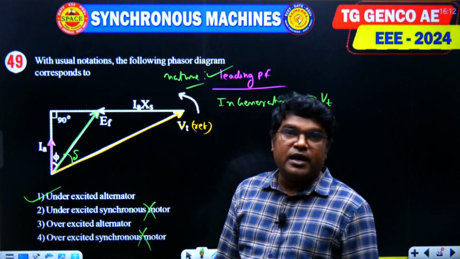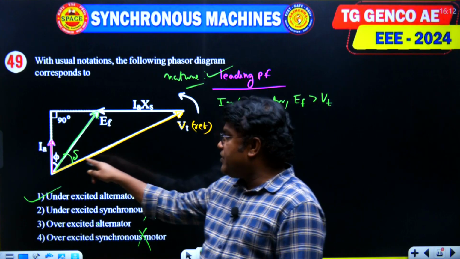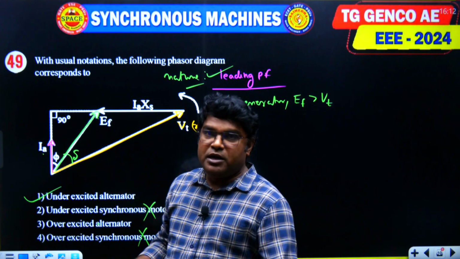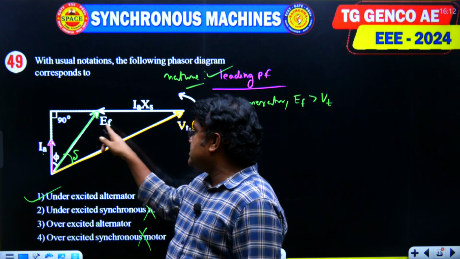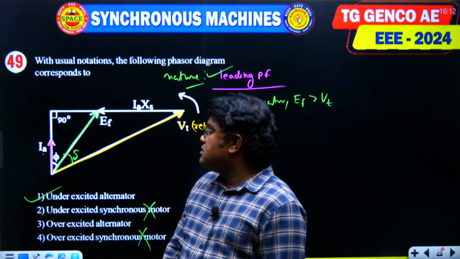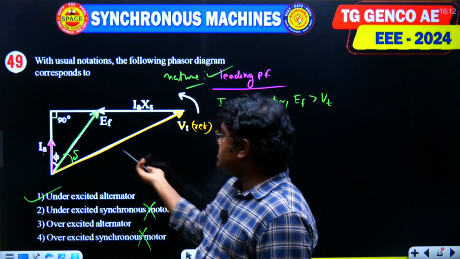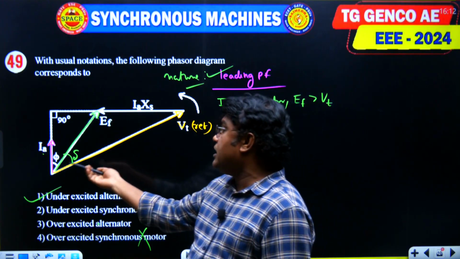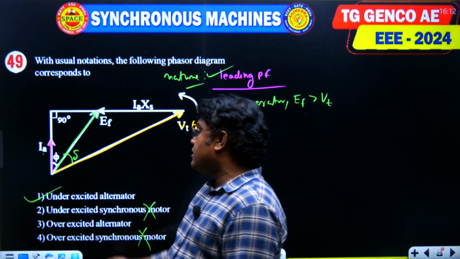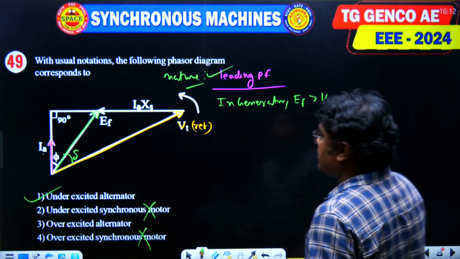No need to draw the phasor diagram once again. Just verify: current leads the terminal voltage, so it is leading power factor. Excitation leads the terminal voltage, so this diagram is for generators. Leading power factor and generator, so definitely it is under excited. Option 1 is correct.